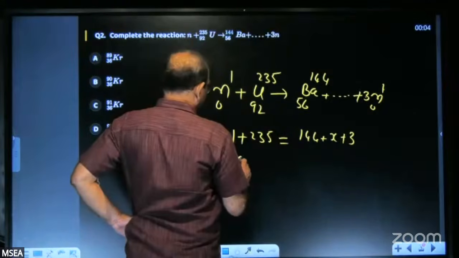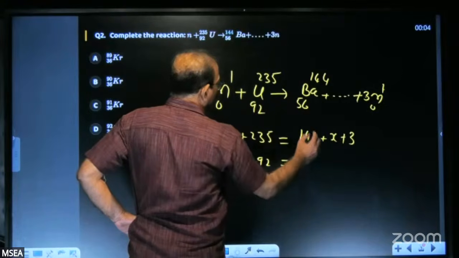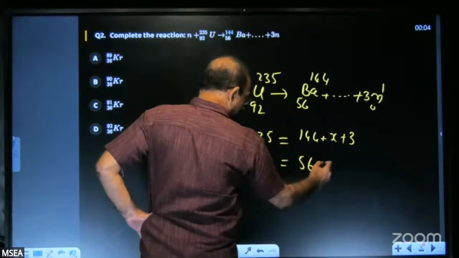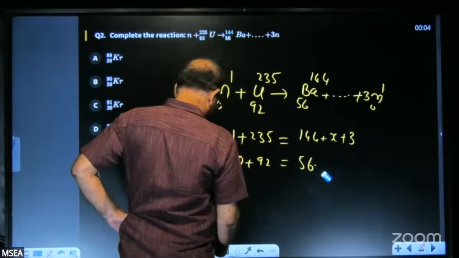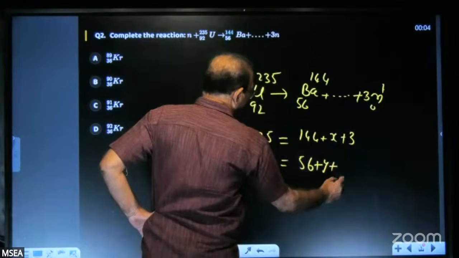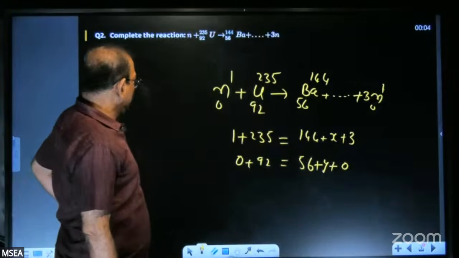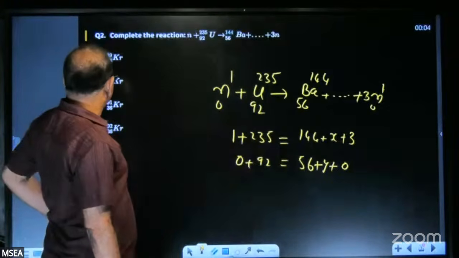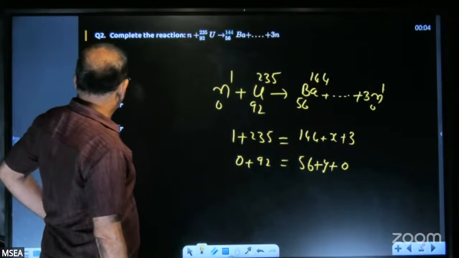Atomic number: 0 plus 92 equal to 56 plus the unknown nucleus atomic number, some Y, plus 0. 36 should be the first option, I think.